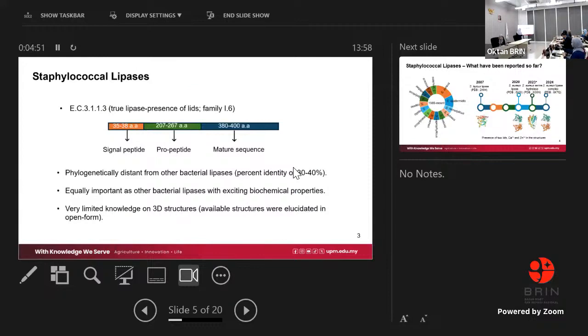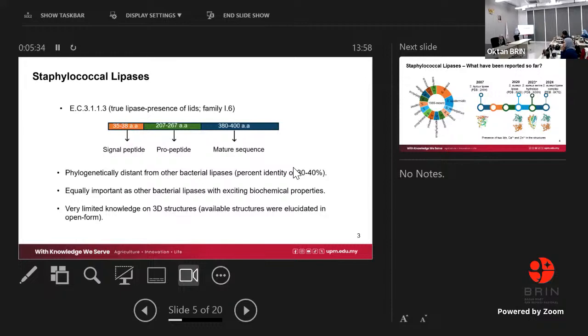Next. Okay, so now I'll be talking about staphylococcal lipases. Staphylococcal lipases are among the lipases that have potential application in various industries. A staphylococcal lipase is a true lipase, and it is classified in a different subfamily of lipase because of its unique characteristics in terms of the molecular organization, where it has the signal peptide, propeptide, and also the mature sequence.